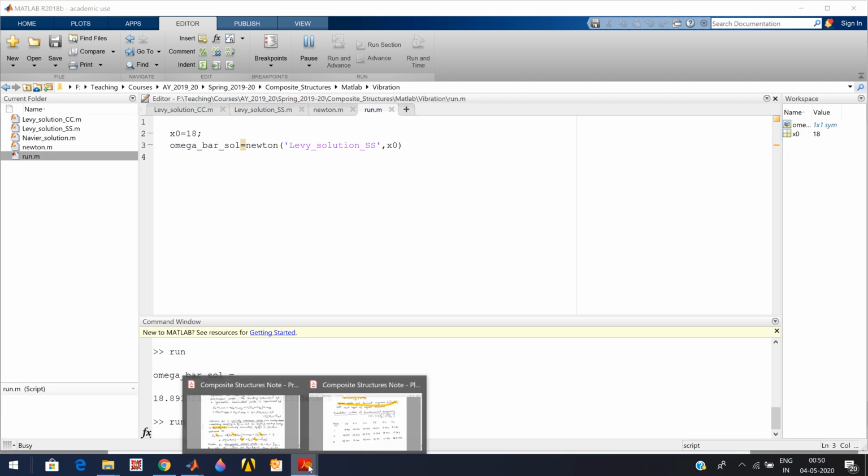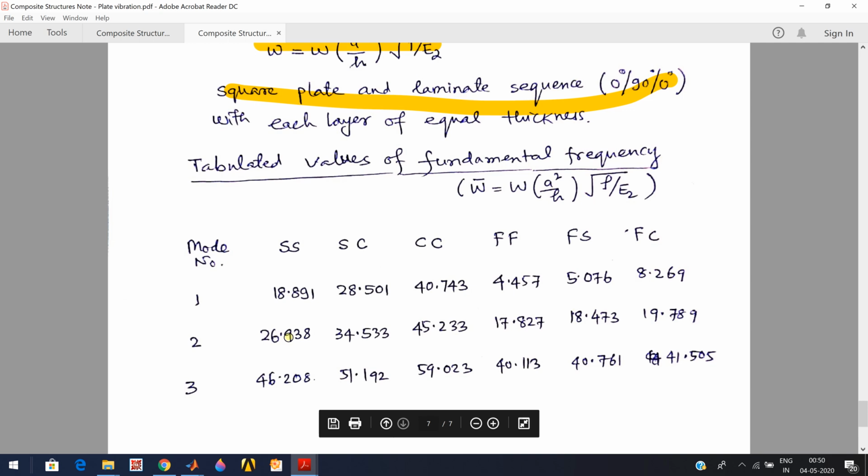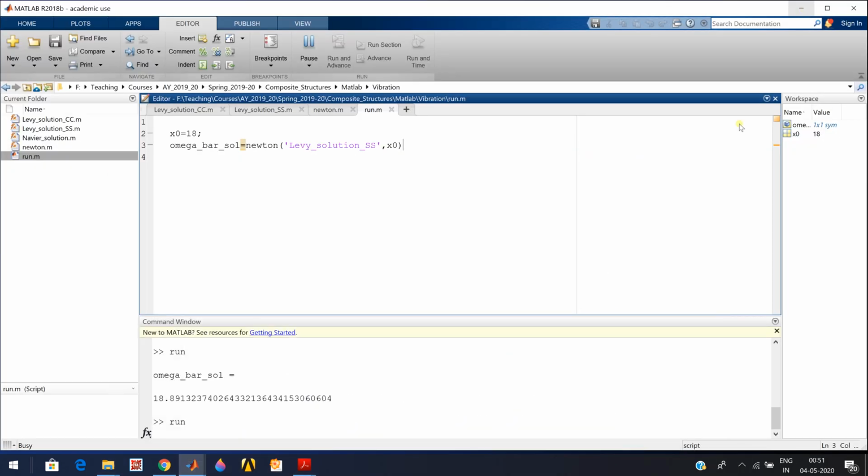The actual value will be around 26.93, but it's taking time. Maybe it will be lost, or I don't know. Let us wait for a while. Otherwise, I'll kill this, and then I'll give a value which is near about that number.